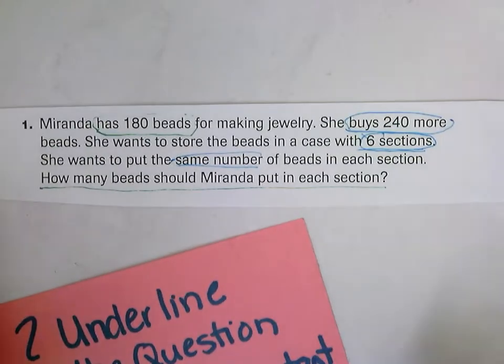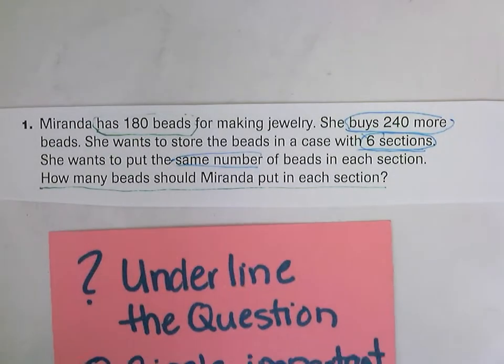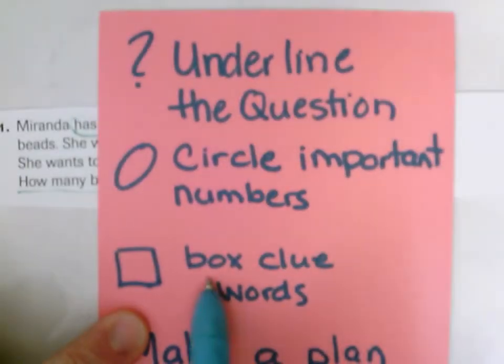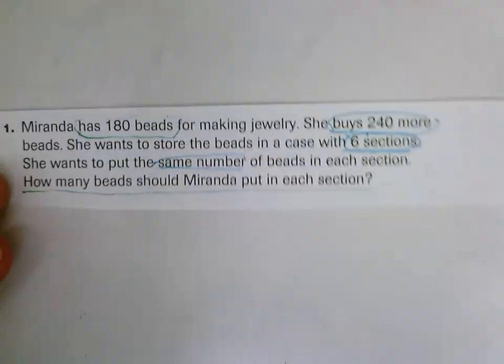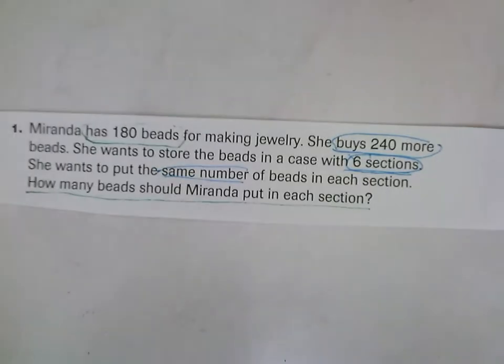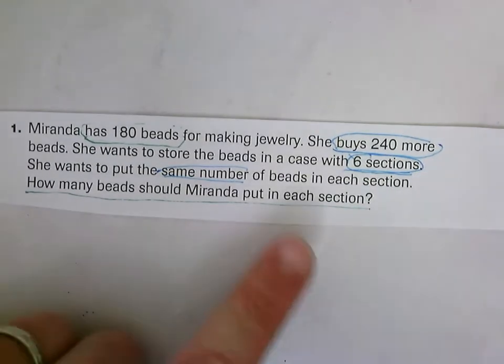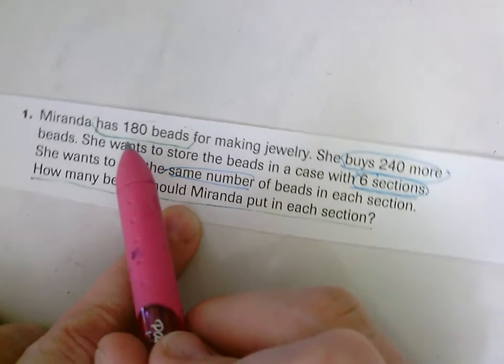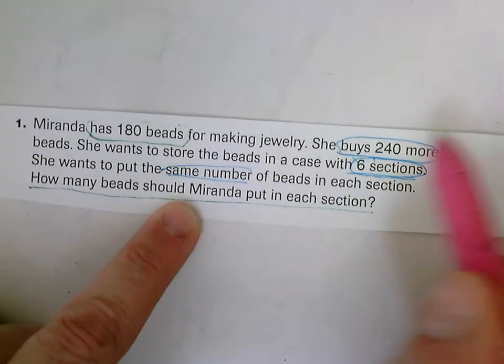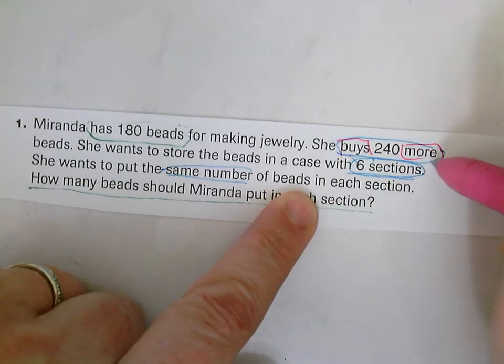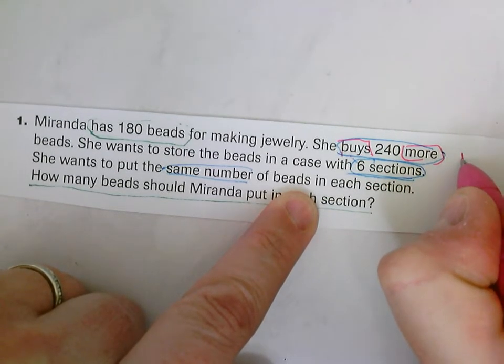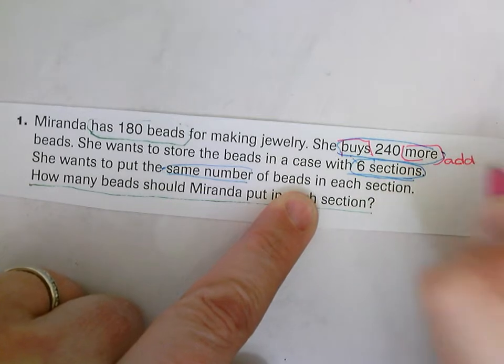All right, now I'm going to box out any clue words I see that might help me know what I'm going to do with my numbers. So I know that she starts with 180 beads, and then she buys some more. So that makes me think that I'm going to be adding. When I buy some more, I might be adding.